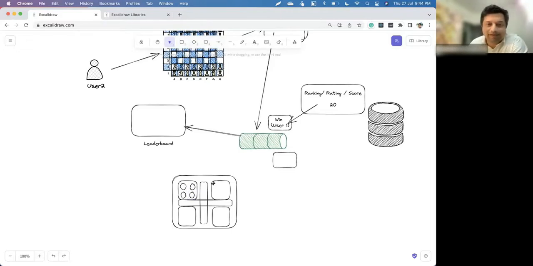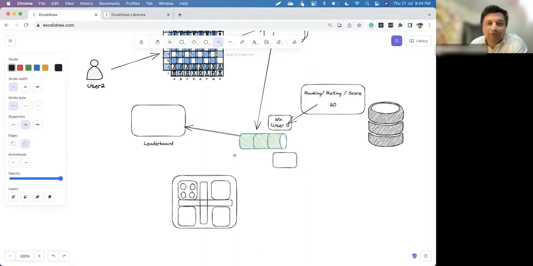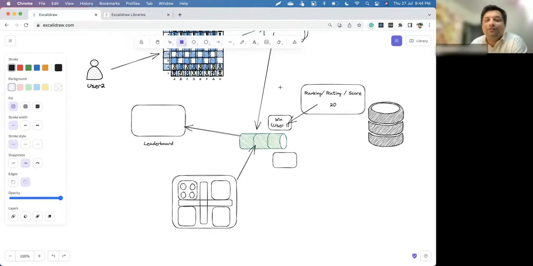Tomorrow, maybe multiple players are playing. You can still use the same scoring service and generate a different leaderboard, right? So this way you don't have to recreate the same logic again and again.